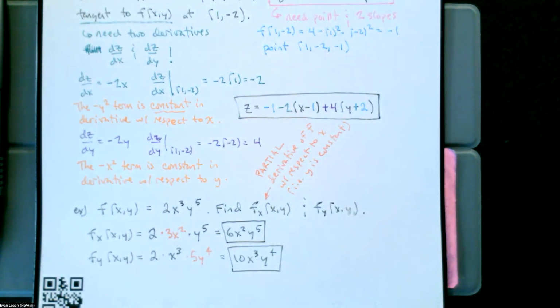It's all multiplied together, and we write our constant coefficients first. So we call these partial derivatives. Say the partial derivative of f with respect to x and the partial derivative of f with respect to y.